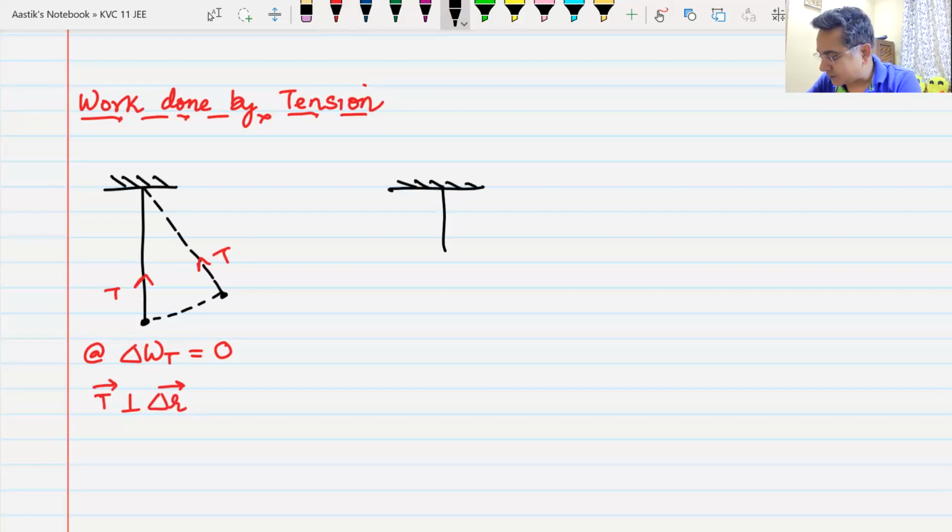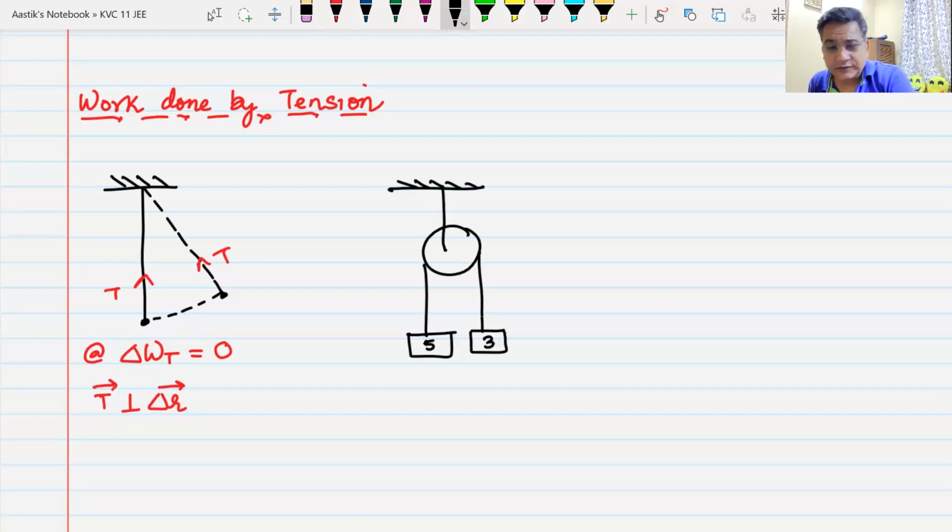Let us take another example. This is a body of 5 kg. This is a body of 3 kg. How will these bodies move?